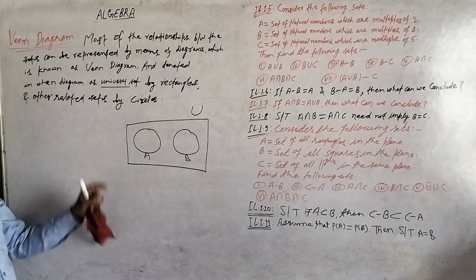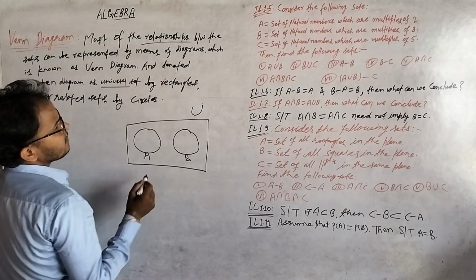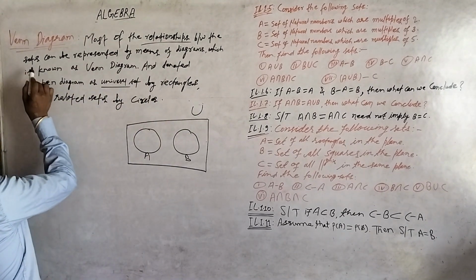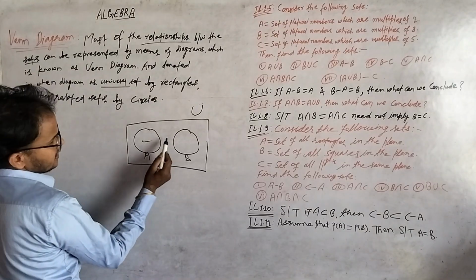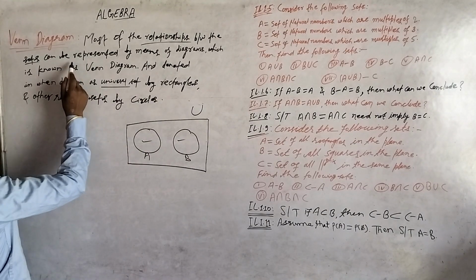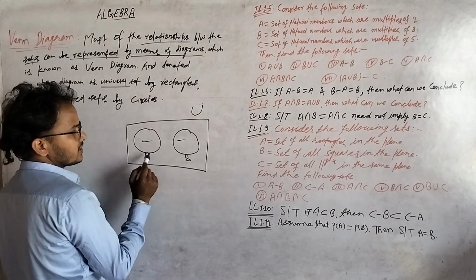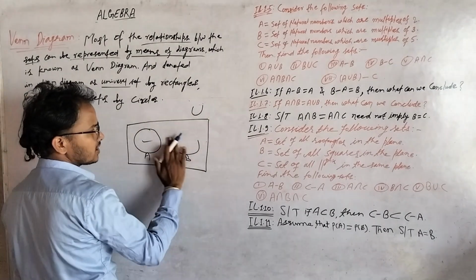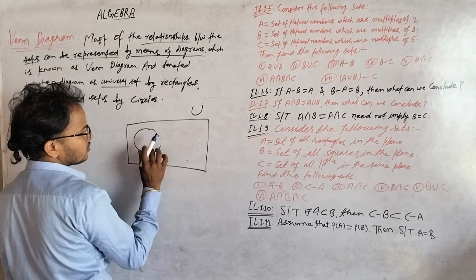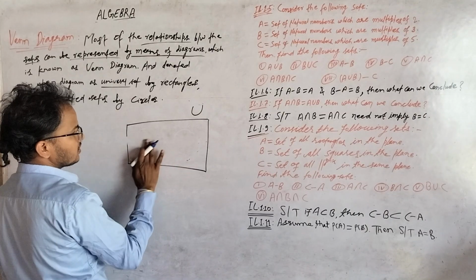That means most of the relationships between these sets can be represented by means of diagrams. We can also represent the intersection of both sets.